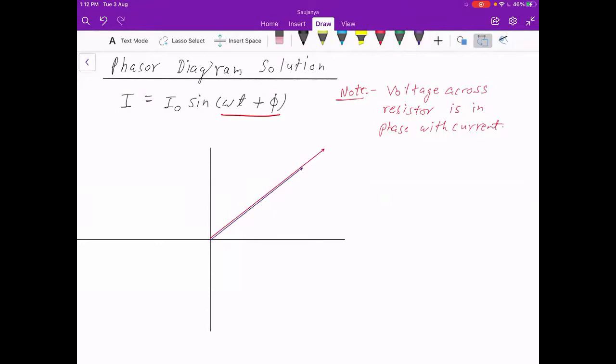They're both going to be coincident, both making an angle of omega t plus phi with the x-axis. One of them you can call VR, the other one the current. Those are the two elements for which we have drawn the phasor for now.